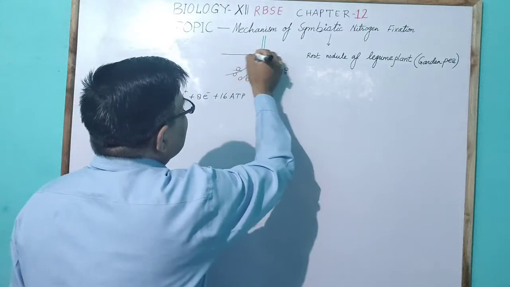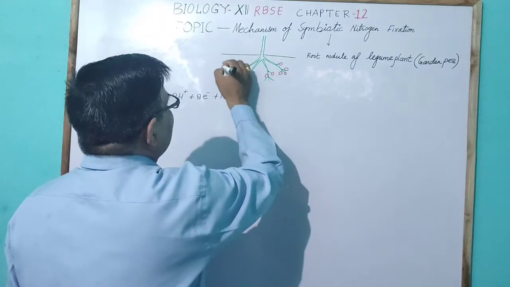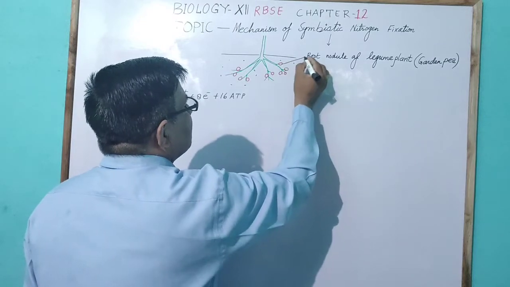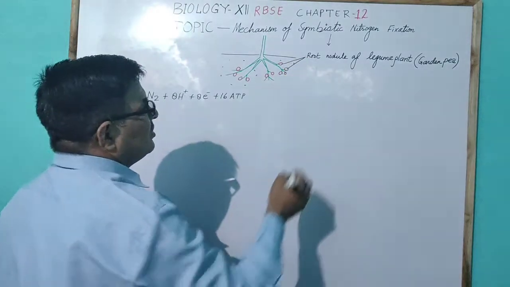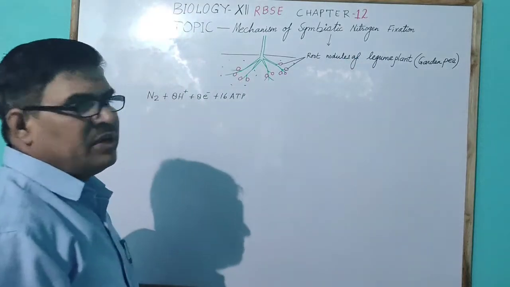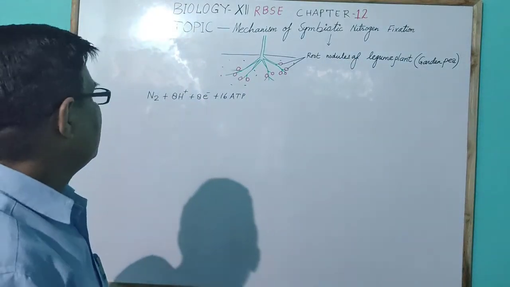This part is present in the soil. These are the root nodules of the legume plant, the garden pea.